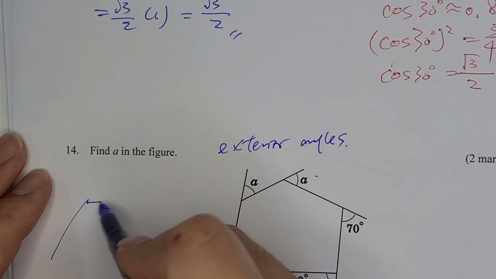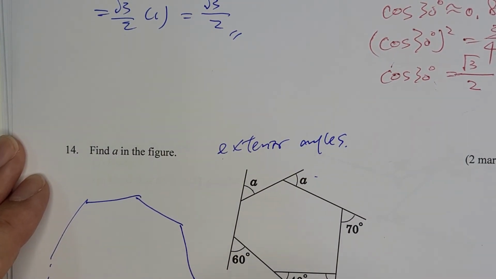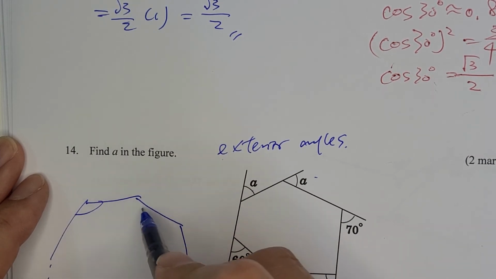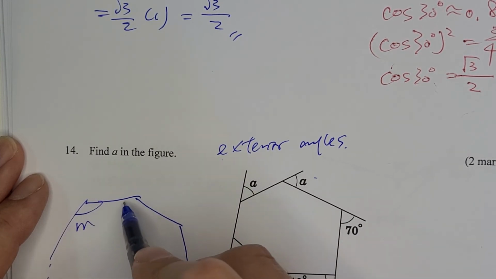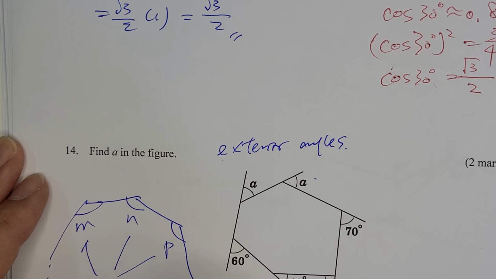First of all, you will have some figure with the polygon. Okay, the angle formed by the adjacent sides of the polygon, this one, for example, M and P, something like this. All this we call an interior angle.